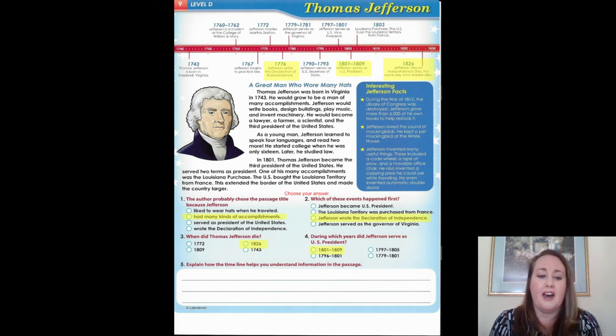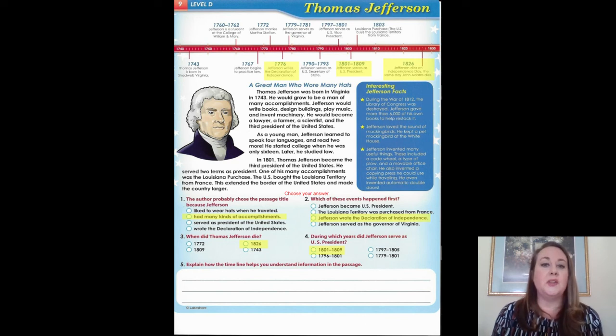All right, number 5. I like to include a written response because I like to see what you can write or how you can explain what you've just read. All right, so let's look at our question. Explain how the timeline helps you understand information in the passage. All right, so we talked about the passage and we talked about how that timeline helps us.